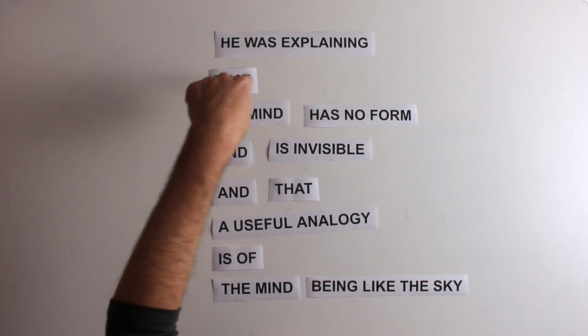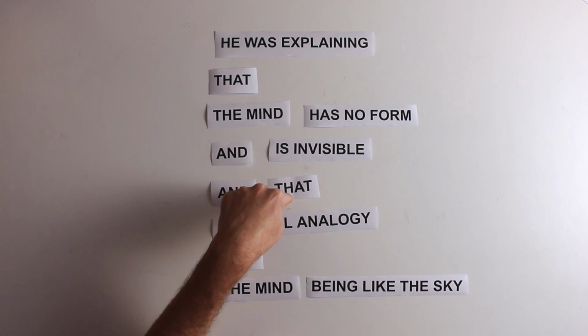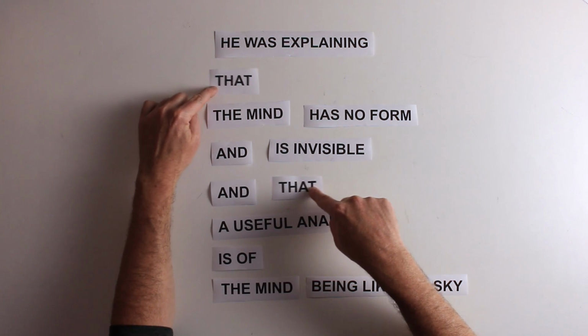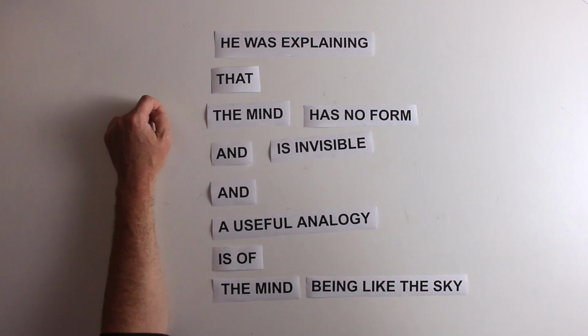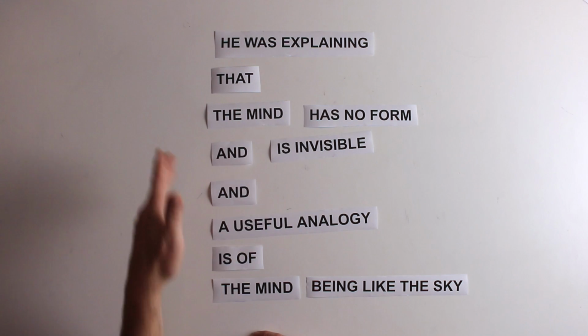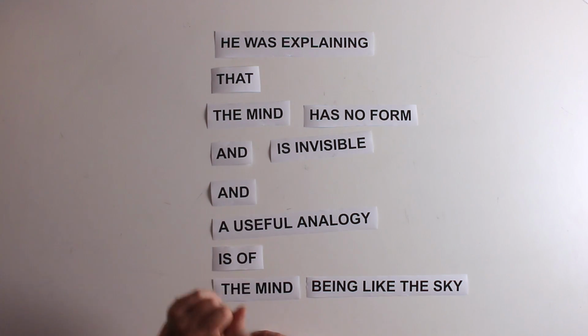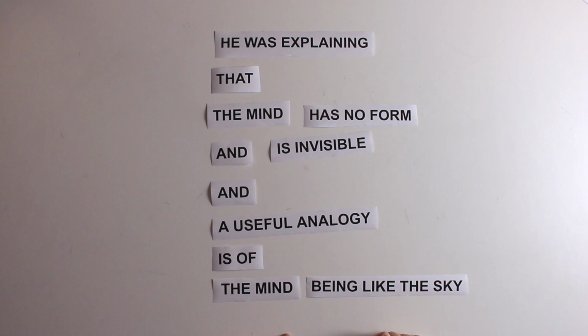He was explaining that the mind has no form and is invisible, and that. Look at this parallel structure. That means that we don't need the that. He was explaining that the mind has no form and is invisible, and a useful analogy is of the mind being like the sky.